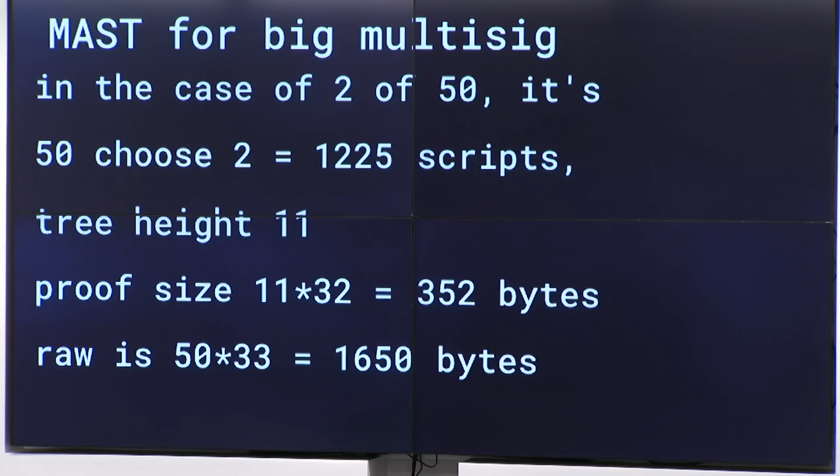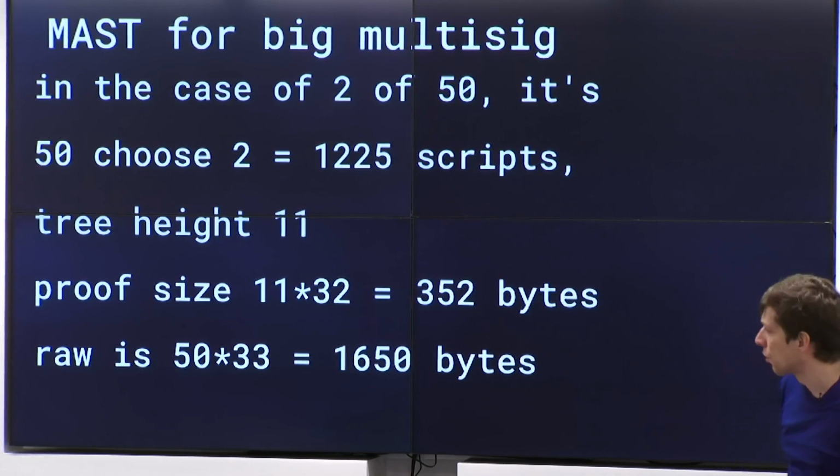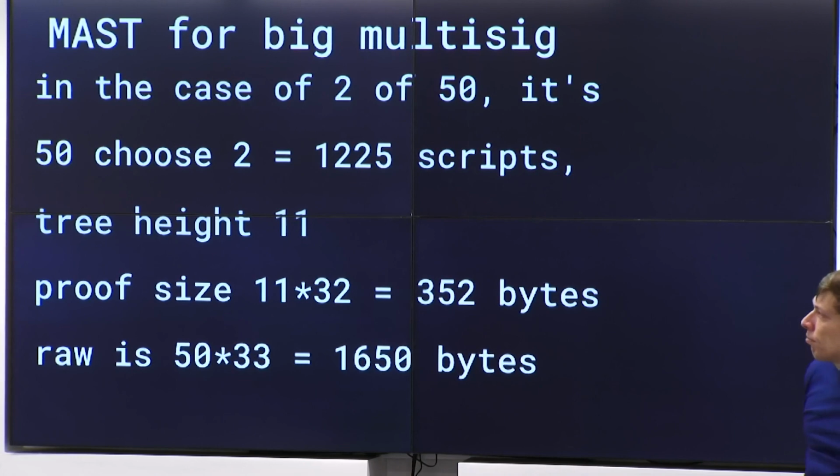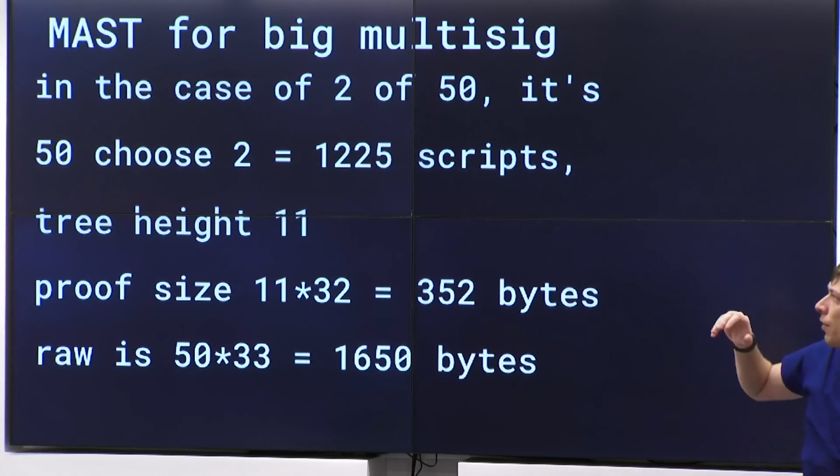What else? However, there are problems. There's a bunch of problems. One, 2 of 50 is cool, but let's look through it. 50 choose 2. I couldn't make the little numbers in parentheses the right way, whatever. So that's 1,225 different scripts.